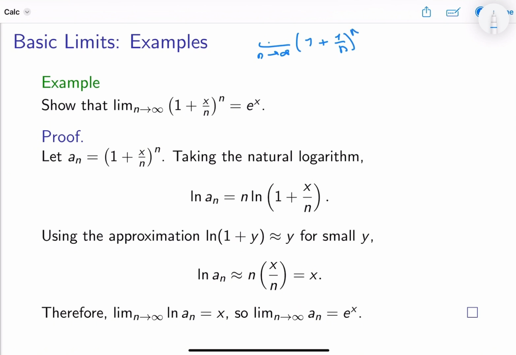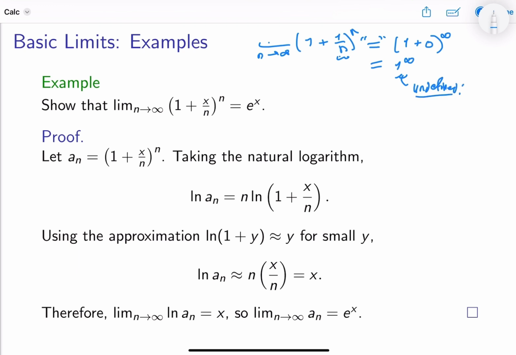Well, the first thing to try is to see if you get nice things when you just evaluate at infinity. So this is equal to, let me put it between quotes, 1 plus 1 over infinity, which is 1 plus 0, to the power infinity. And this is equal to 1 to the infinity.